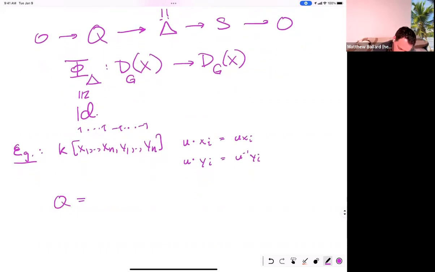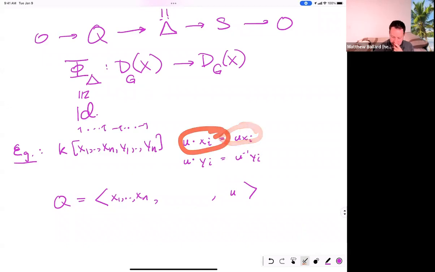And so Q is going to be generated by the x's, and then you also have U. You don't need these copies for this second part of the action, because you can generate them with U and x_i. But this is something you can't get from the y's. I can get the y's from U inverse y_i by multiplying by U.